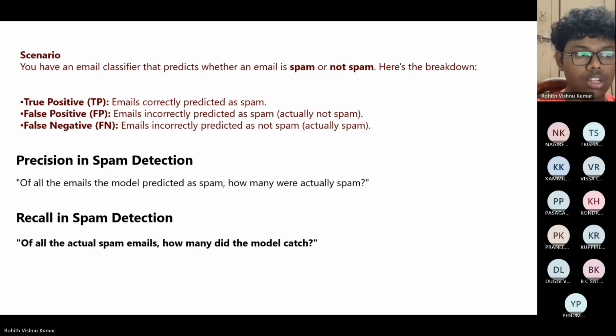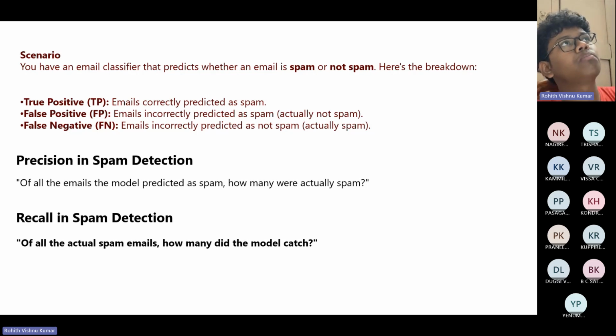But precision tells the thing that the machine learning model predicts some 35 emails as spam. So out of these 35 emails, how many are actually spam? 23. We know that it is 23.